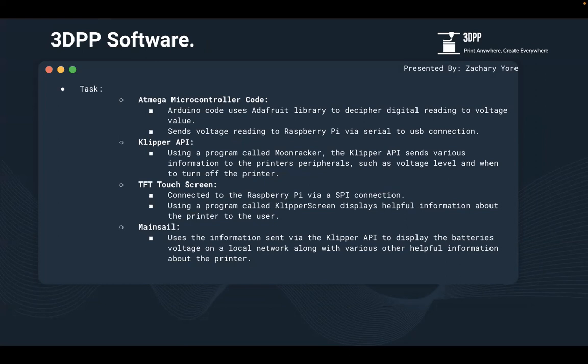This allows us to read the battery's voltage, and the Adafruit script will then use a little bit of conversion to update that to the actual 24 volts. The Klipper API allows us to connect from a Python script that essentially just sends that code from the microcontroller to the Mainsail as well as the touchscreen display.